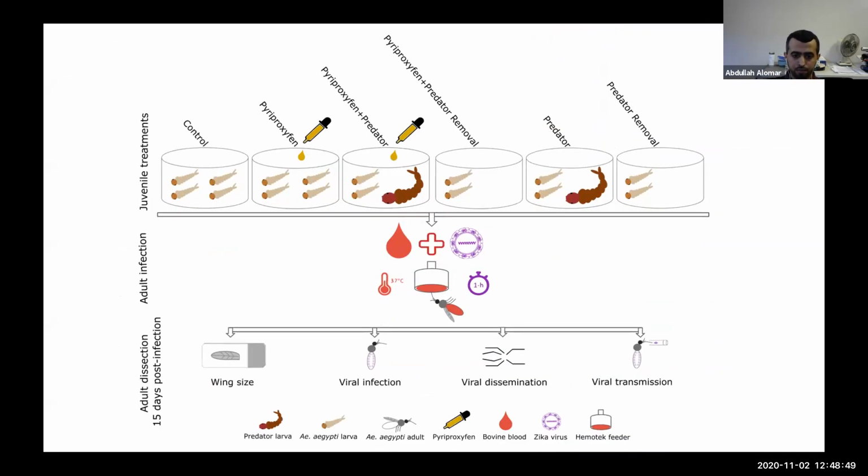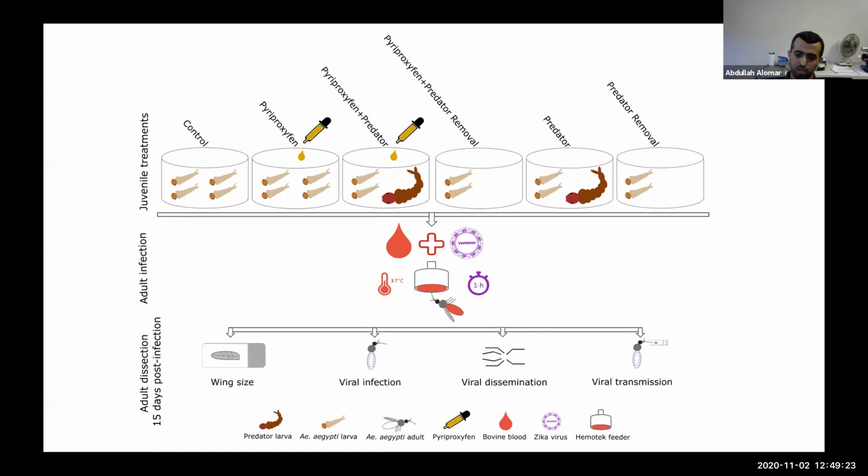So to determine the effect of exposure to pyriproxyfen and predation, we conducted a series of experimental manipulations to determine the exposure effect on mosquitoes and Zika virus infection. As you can see in this diagram, we have six treatments. The first one is the control, which had just Aedes aegypti larvae. The second treatment is pyriproxyfen, which has a single low concentration of pyriproxyfen.